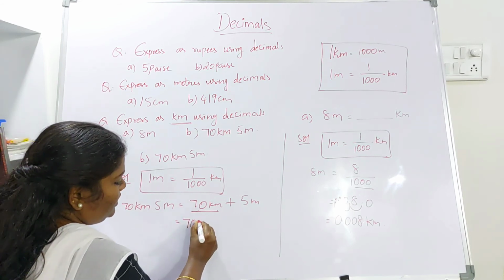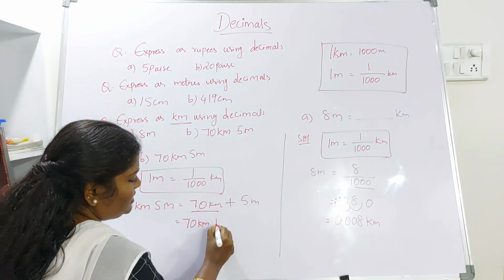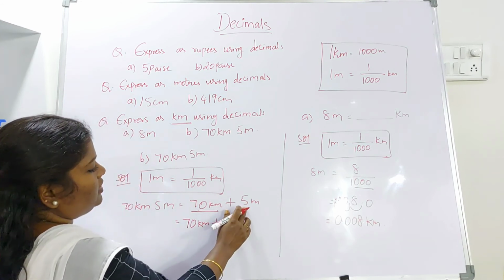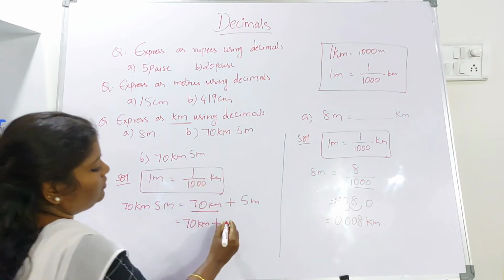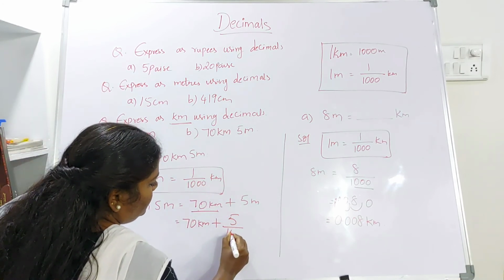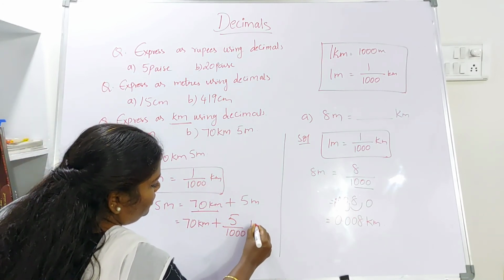So that is 70 kilometers will be as it is and this to be converted. So this is 5 meters. So 5 meters in the sense we need to divide with 1000 to convert into kilometer.